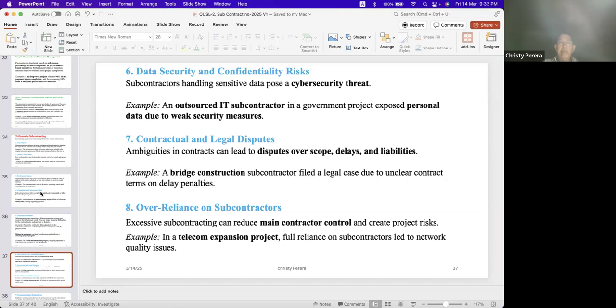For example, in a telecom expansion project, full reliance on subcontractors led to network quality issues. That is happening in telecom, because the telecom towers and all these things, they are giving to subcontractors, most of these things.